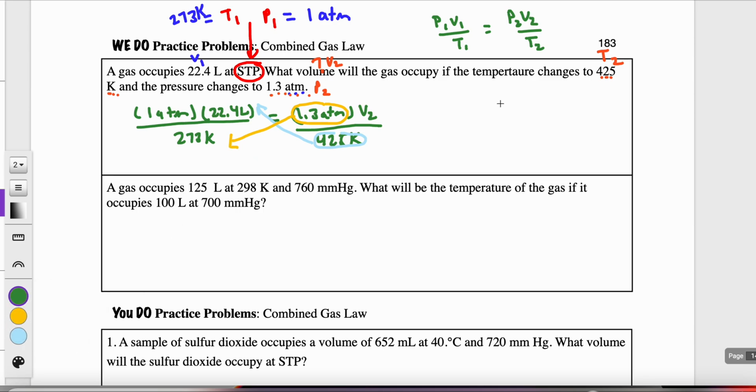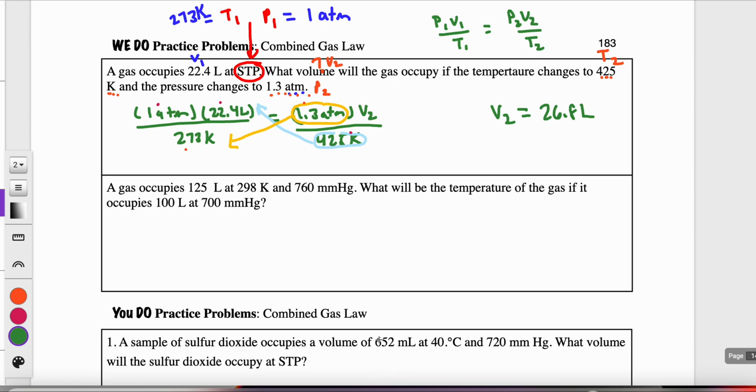To calculate V2 in my calculator, I'm going to multiply 1 atm times 22.4 times 425, hit my equal button, and then divide by 273 and then divide by 1.3. If you put this into the calculator correctly, you will end up with an answer of 26.8 liters.